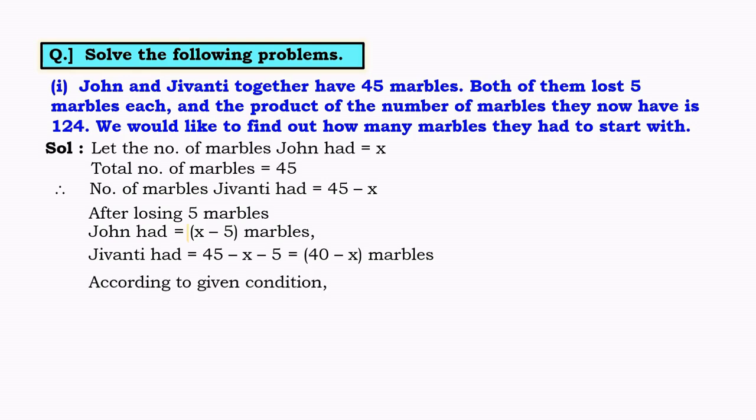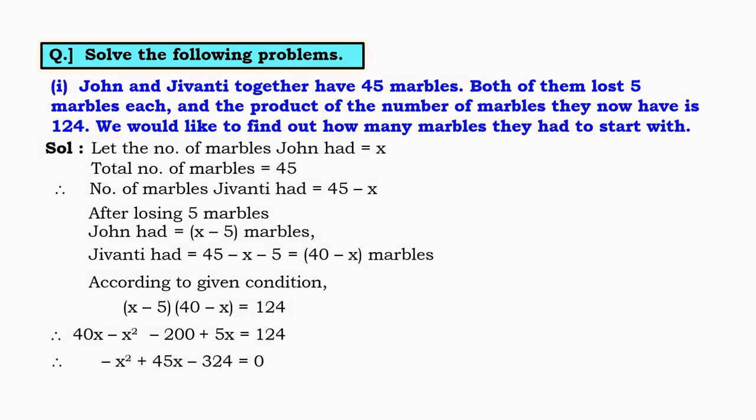According to the given condition, the product of the marbles they now have is 124. Therefore, (x minus 5) multiplied by (40 minus x) equals 124. Let us expand the expression. 40x minus x squared minus 200 plus 5x equals 124.